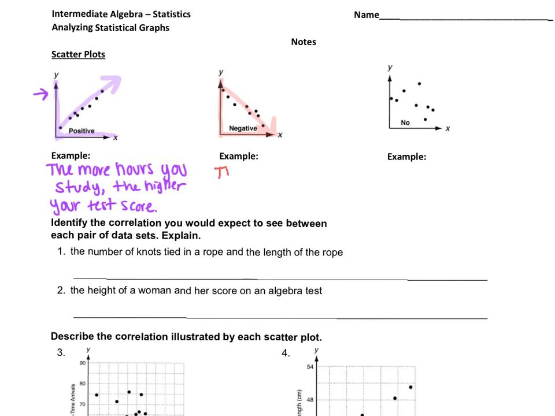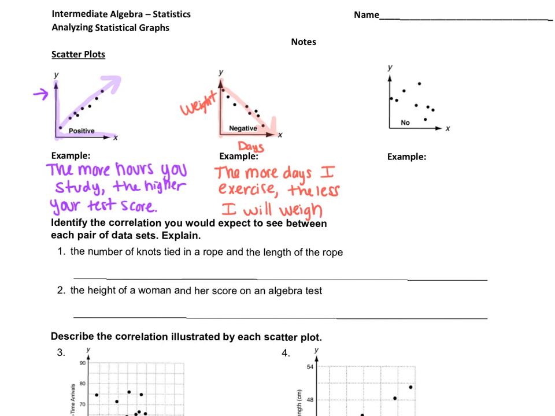So the more days I exercise, the less I will weigh. So in theory, as the days increase, my weight will decrease. So that's an example of negative correlation.